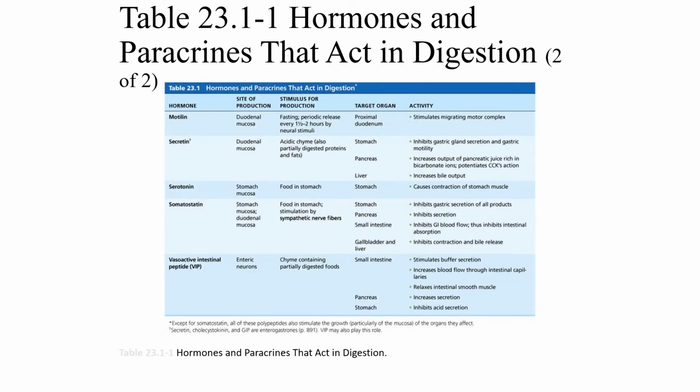Now on the second half of this chart, notice that motilin stimulates motility. You should look at that and say motilin stimulates motility. I know it says stimulates migrating motor complex. Yeah, motility.